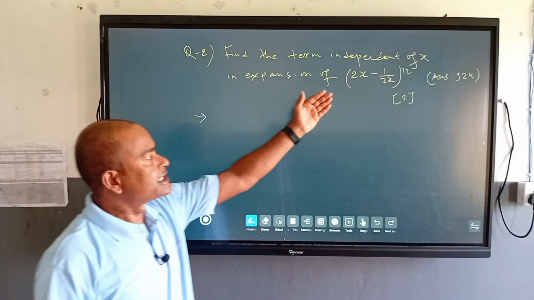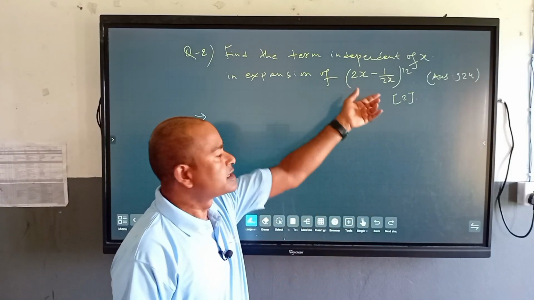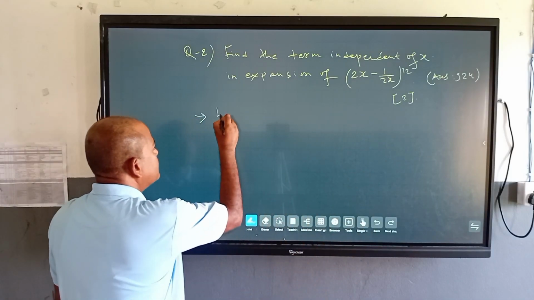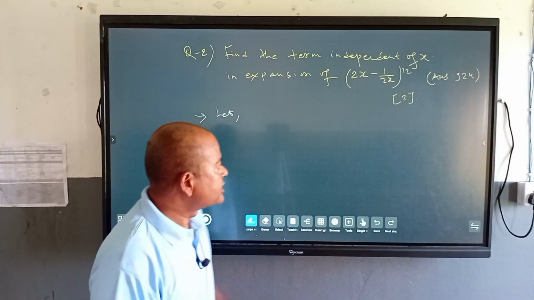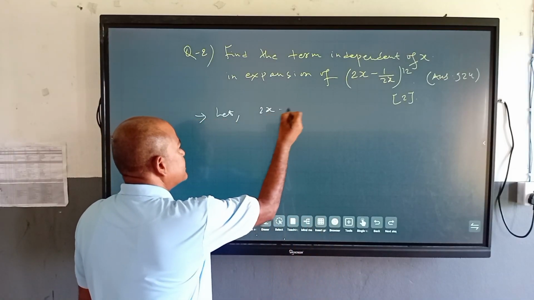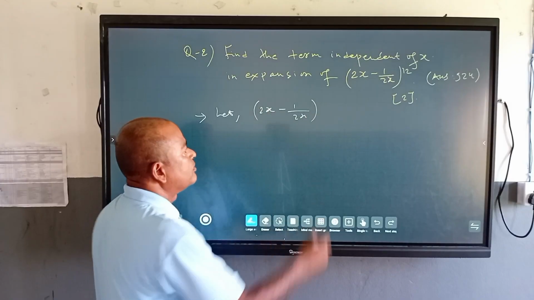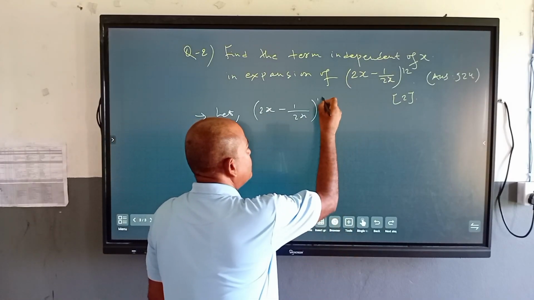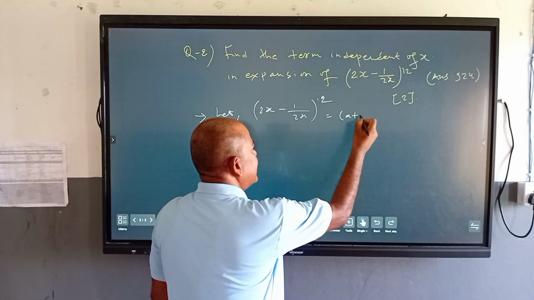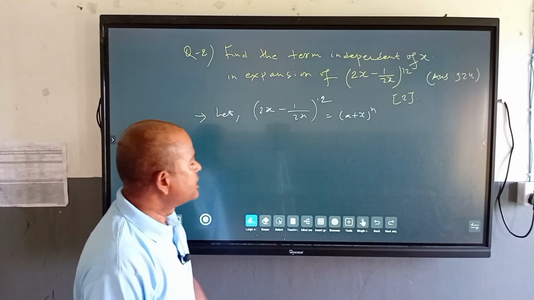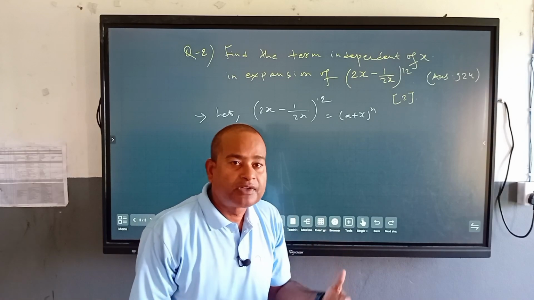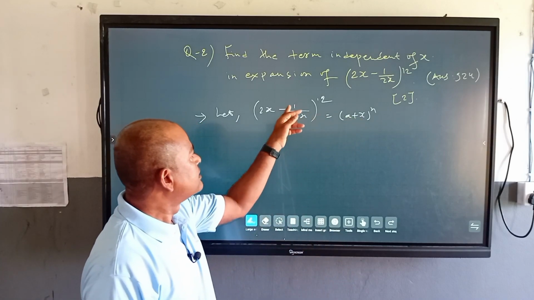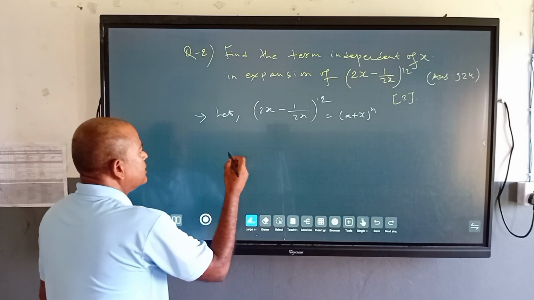The first step is we have to suppose the given binomial expression: let (2x − 1/(2x))^12 equal (a + x)^n. So a means 2x, which later on we'll put in the formula, and x means −1/(2x).